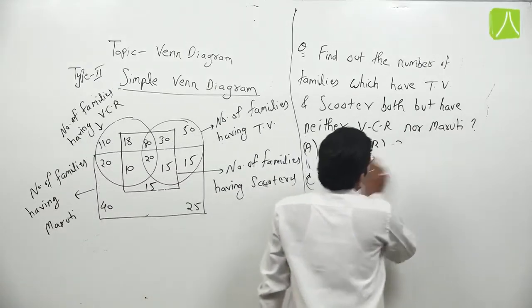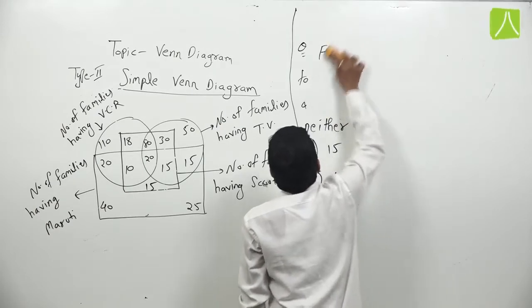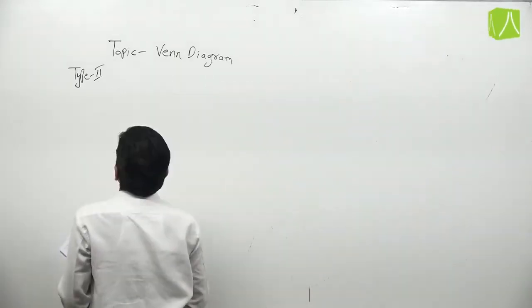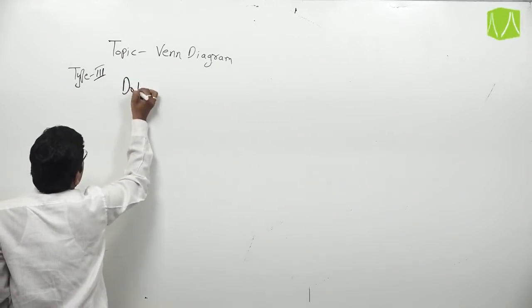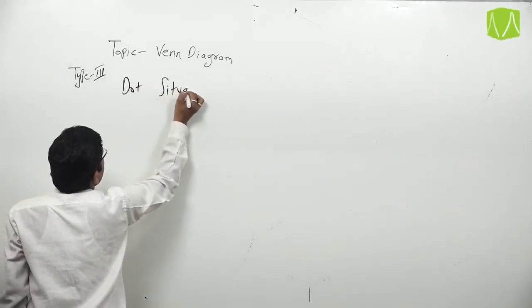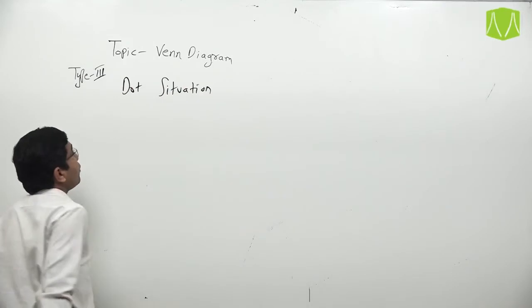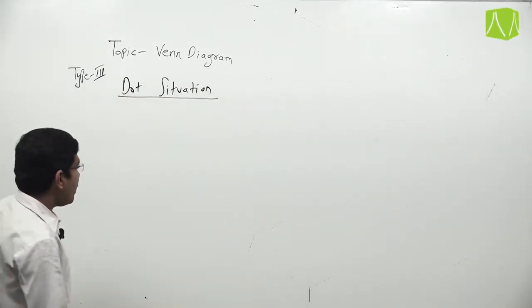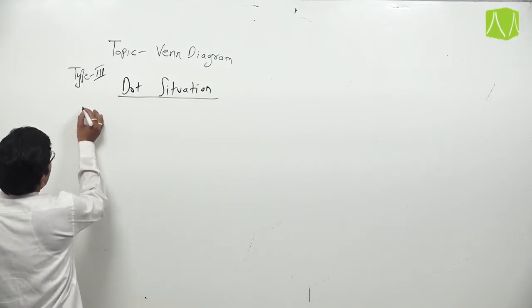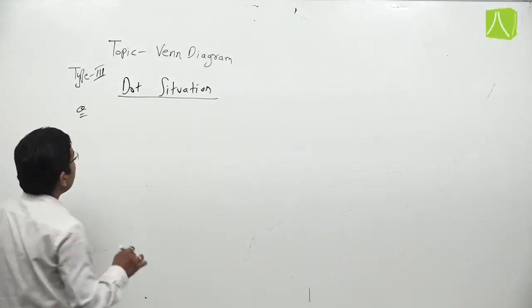Now move on to type number 3. Type number 3 denotes the dot situation. For this, let us take the first example. We have one problem figure.